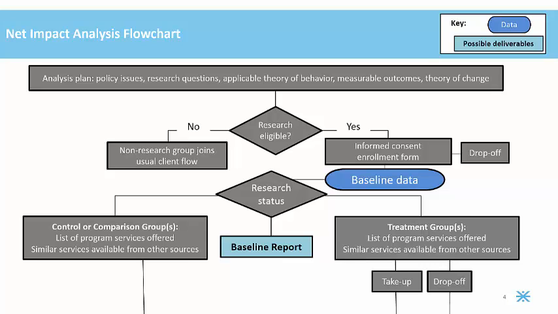You'll notice that similar services often are available from other sources besides the particular program being evaluated. That also is something that could undermine your research design. If you're offering something that people can get elsewhere, even if they become part of your control group, then you're not going to have any impacts to measure.